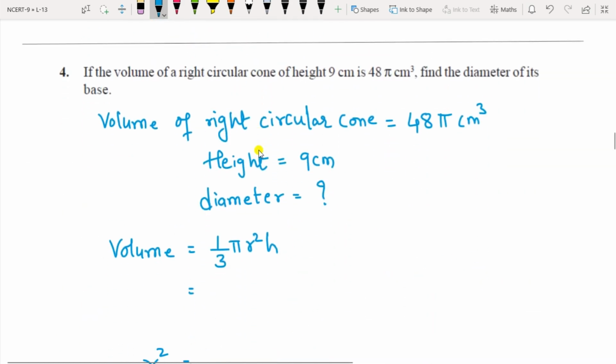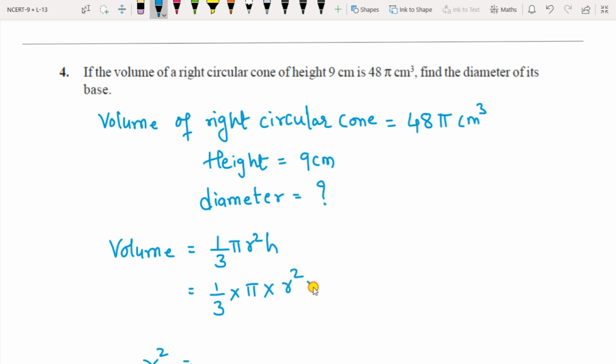Fourth question here is, if the volume of a right circular cone of height 9 centimeter is 48 pi, so volume is given as 48 pi centimeter cube, and this is the height given here. You have to find the diameter. For diameter, you need to find the radius first. So 1 by 3 pi, pi you have to substitute as pi only, and r square you need to find.